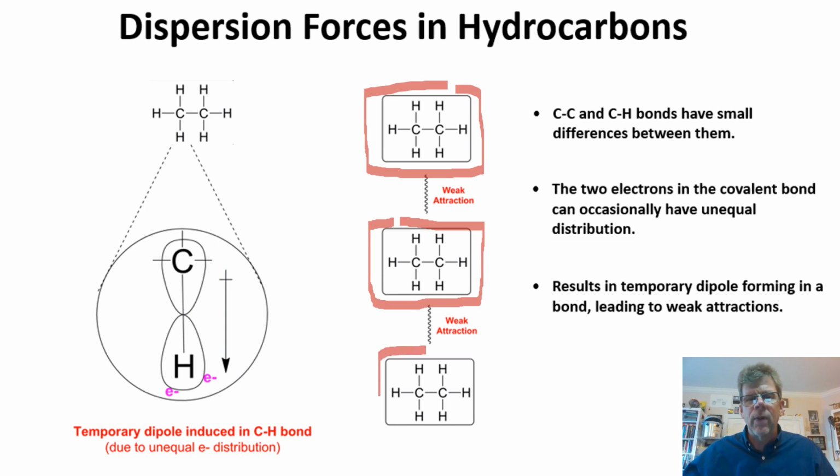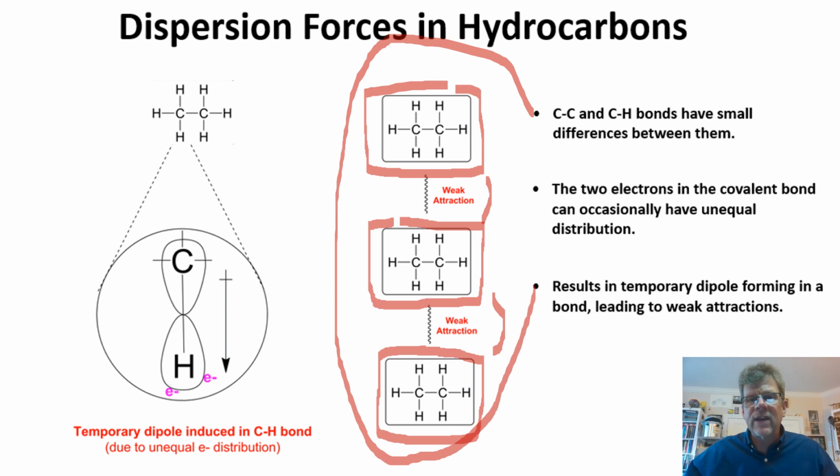In a sample of this particular hydrocarbon, only a few of these are carrying out these weak attractions, which we see here. Most of them are not. And in the next instant, the electron distribution of these three has equalized, and they are not weakly attracted anymore. However, another group of these hydrocarbon molecules do have this temporary dipole induced.